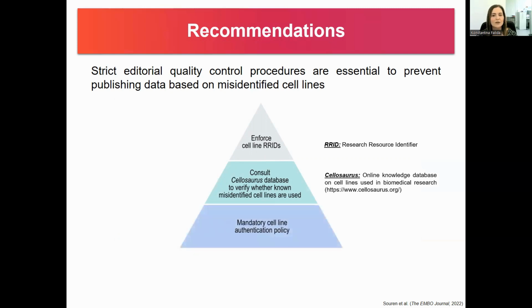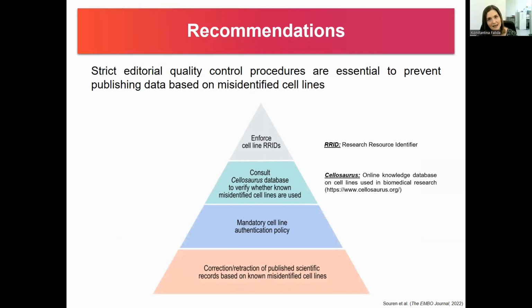In addition, journals should implement mandatory cell line authentication and occasionally check the documents so that regular authentication of cell lines will become common practice. Last but not least, action should be taken to correct already published manuscripts that contain data on misidentified cell lines.